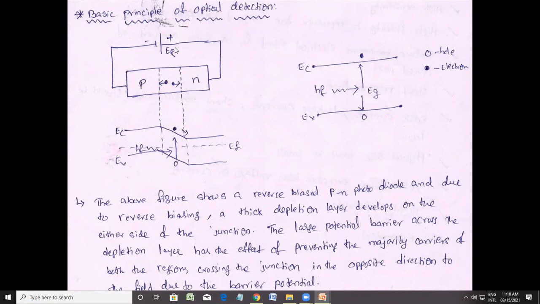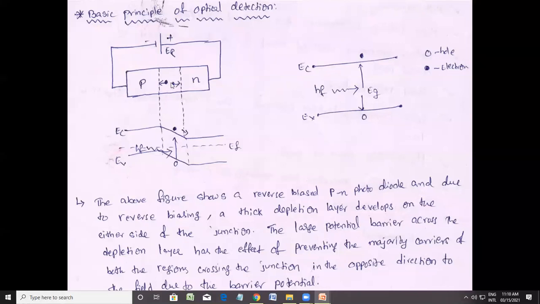When applying this reverse bias, automatically the depletion layer becomes wide. Whenever the depletion layer is wide, right?